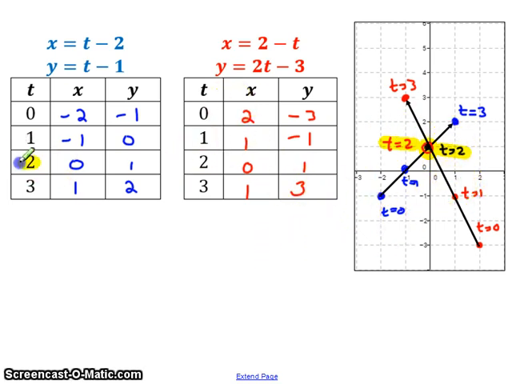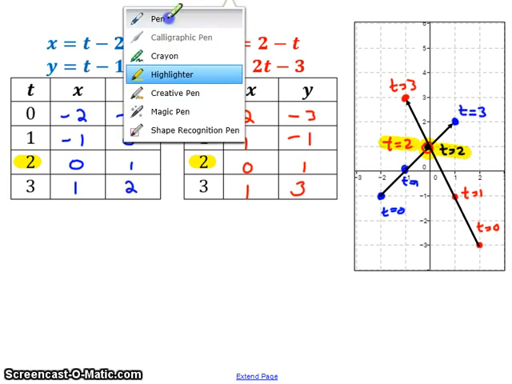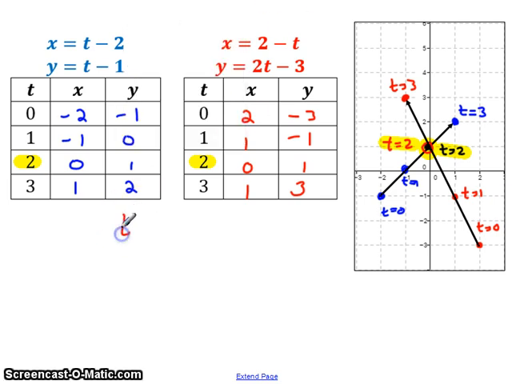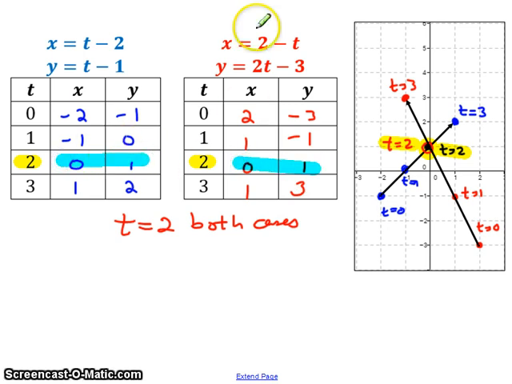At time t equals 2, we have times equal. So in other words, we can say that t equals 2 in both cases. And then we want to look at what is happening to the position. The position is 0, 1 in both cases.